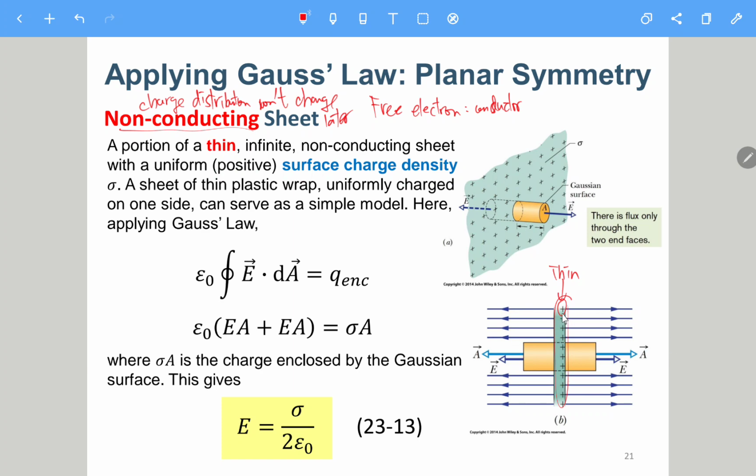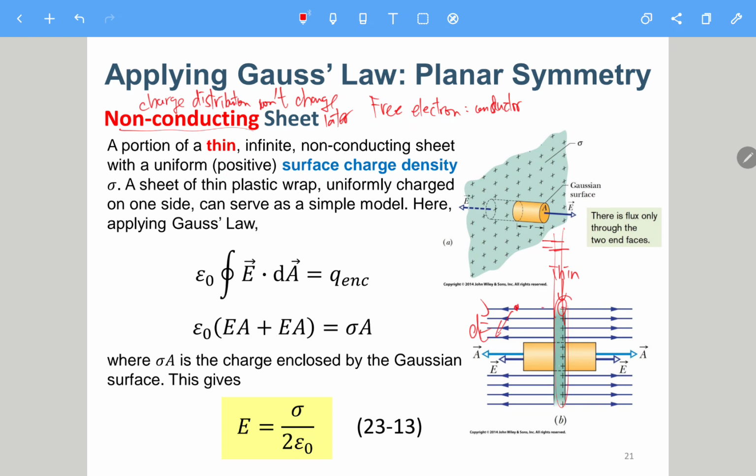In this case, we already know that the E field on the right side will point to the right, and the E field on the left side will point to the left, because this is infinitely large. So you can always find a symmetric part. For example, for this point, generated by here, this will be dE like this.